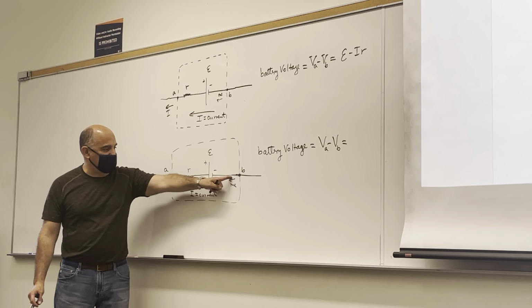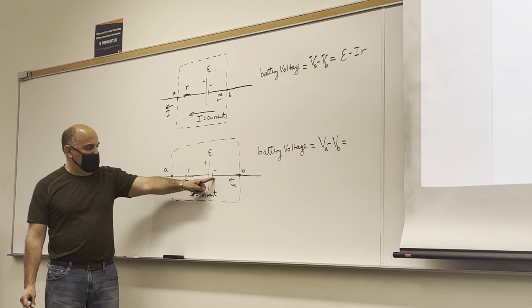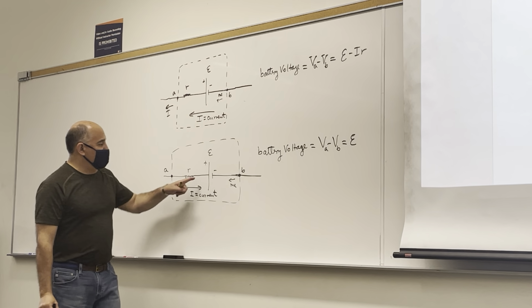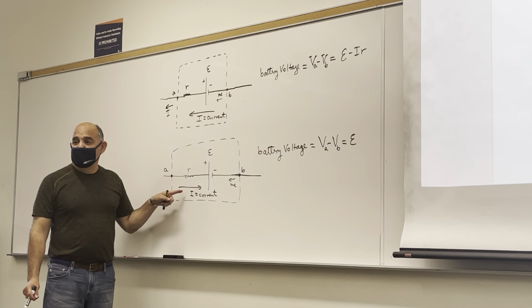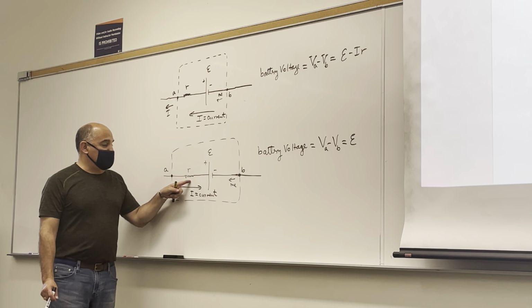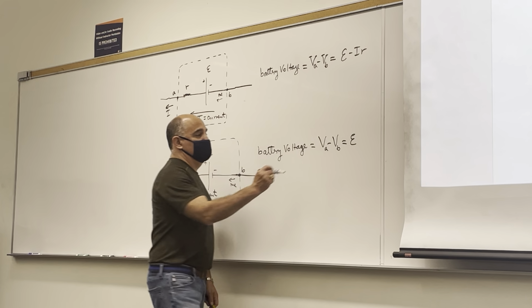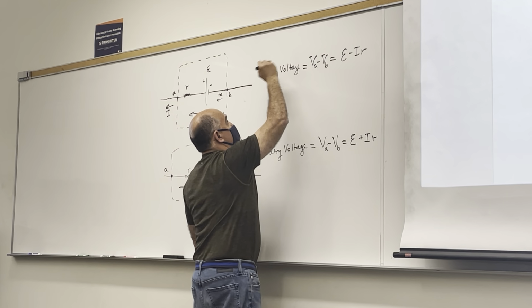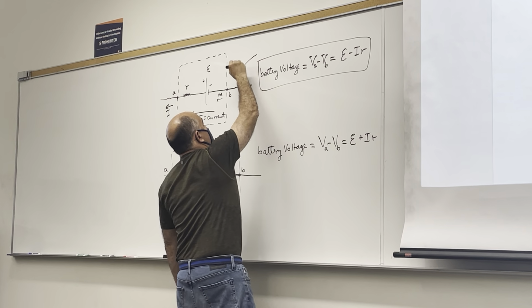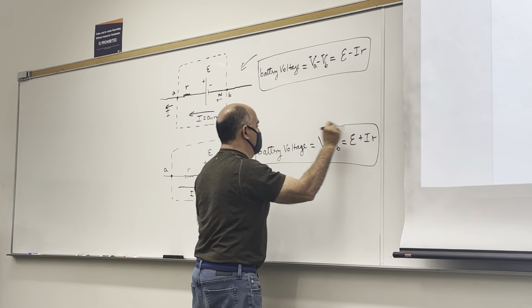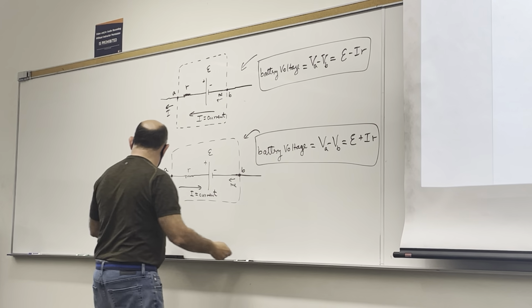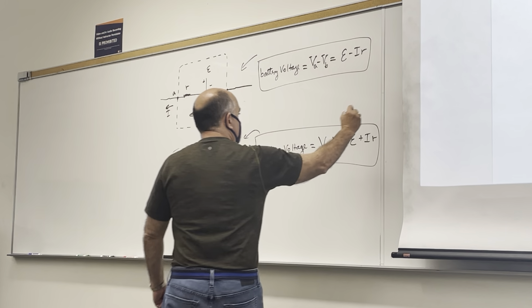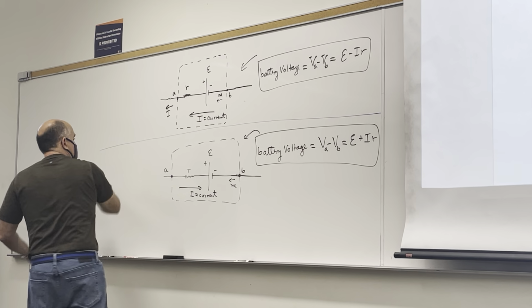So I go like this to the left, and I go through the battery from minus to plus, so that's a plus E. But now, when I go through the resistor, I'm going in the opposite direction to the current through it, so it would be plus I times R. And that would be the battery voltage for this case, and this will be the battery voltage for this case. Two cases.